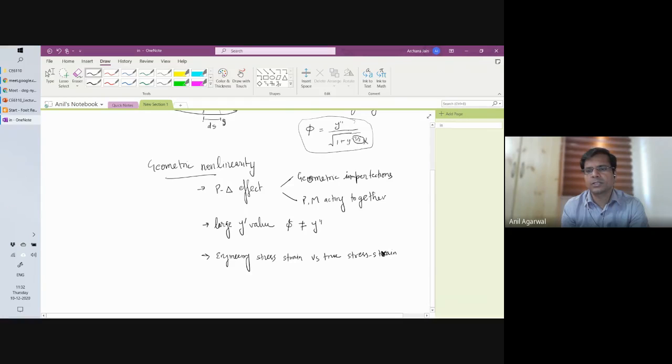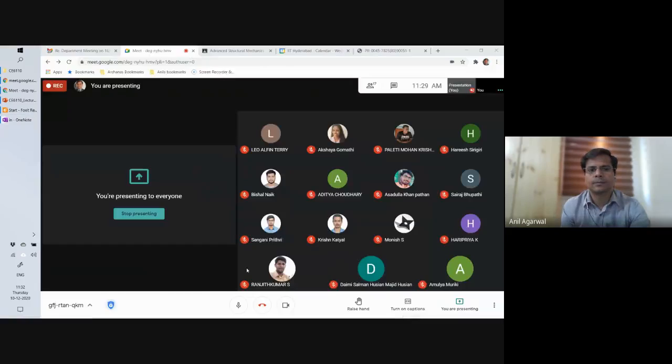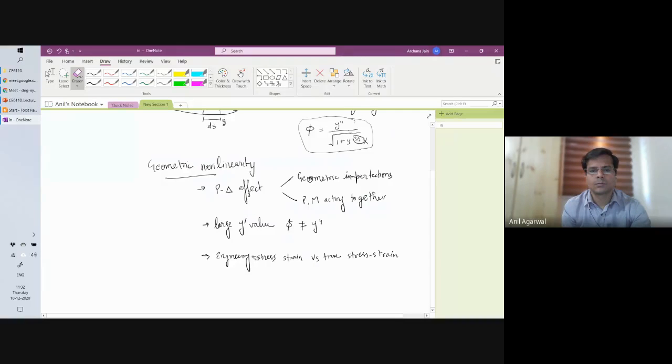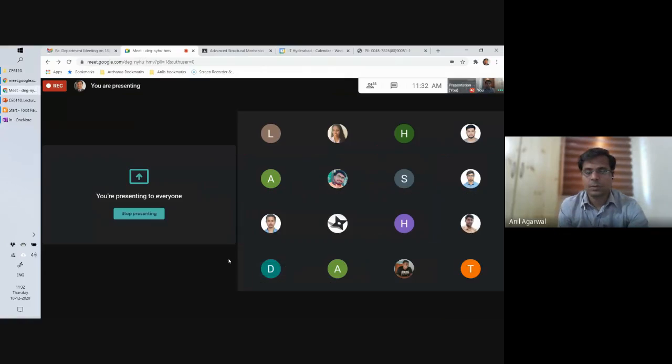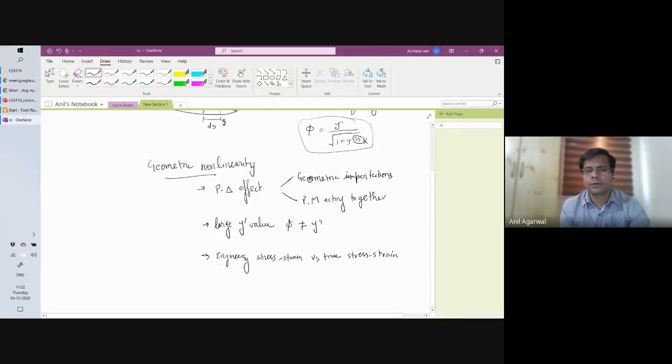So even if the material is assumed to be behaving linearly, engineering stress strain is generally assumed to be linear. So even if the engineering stress strain is linear, the curve of true stress strain may not be linear.